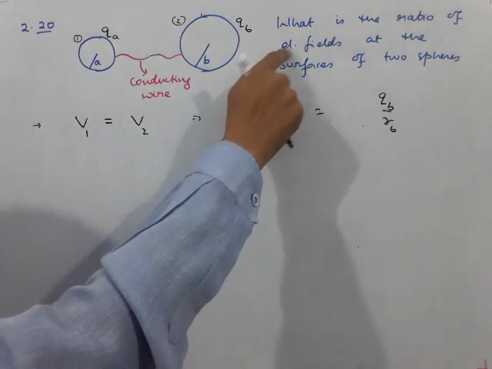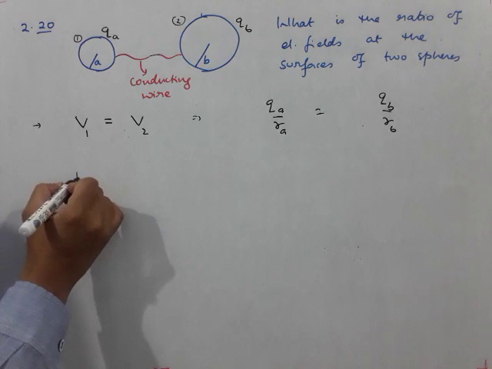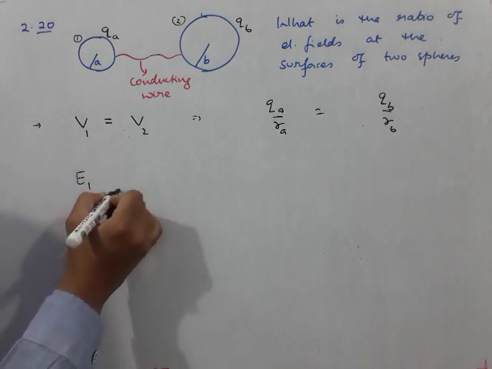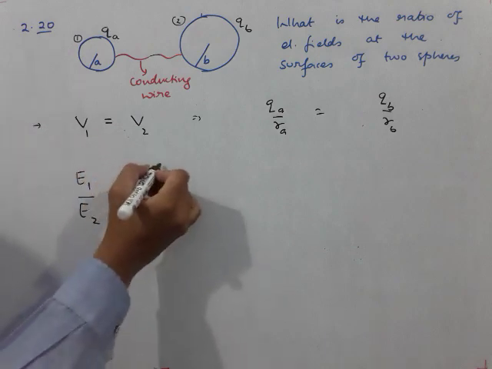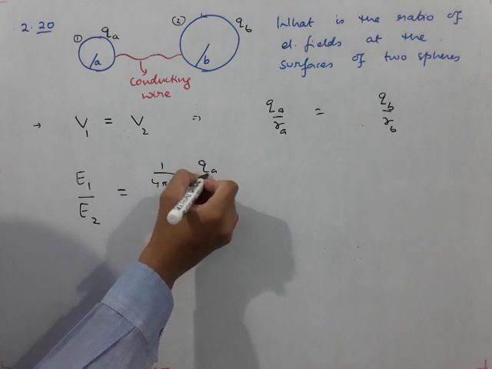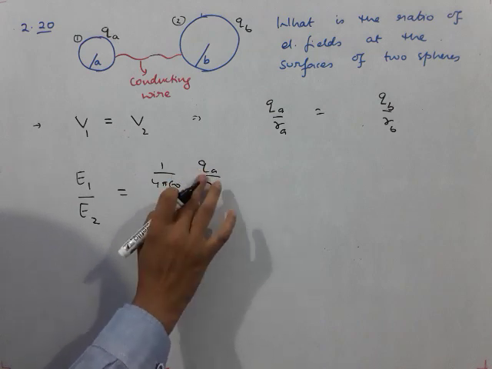We have to find the ratio of electric fields. So electric field at the surface of the first sphere by electric field at the surface of the second sphere, E1 by E2, we have to find. So E1 will be 1 by 4 pi epsilon naught charge QA by radius square.